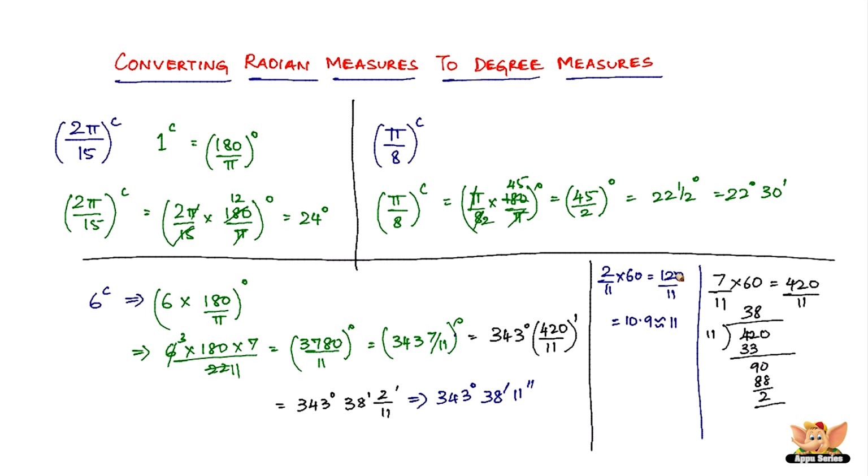It's just short of 1. So it's no problem. You can write it as 11 seconds. So that is how you convert 6 radians to degree measure, where we get 343 degrees, 38 minutes, and 11 seconds. So this video concludes here. This ends the converting radian measures to degree measures. In the forthcoming videos, let us solve problems based on converting degree measures to radian measures.